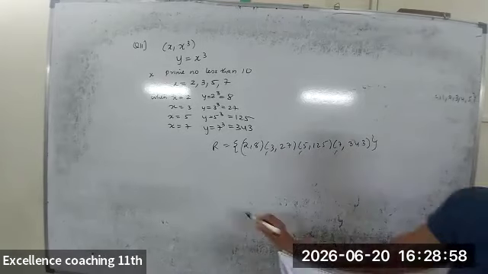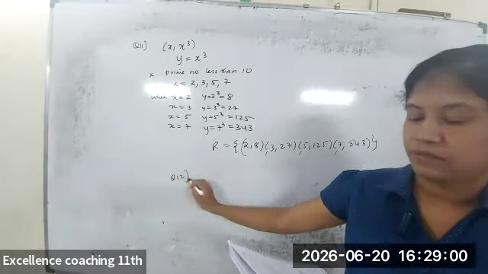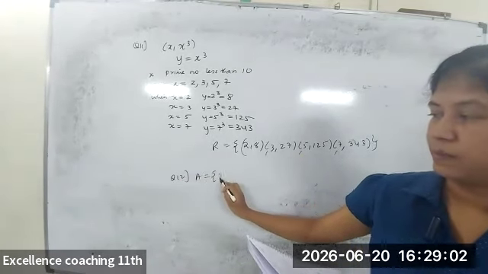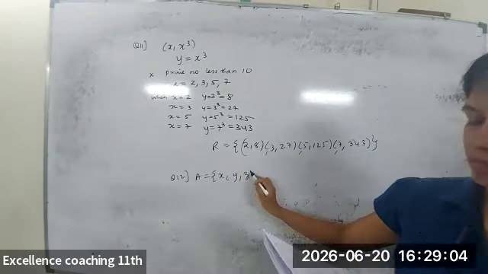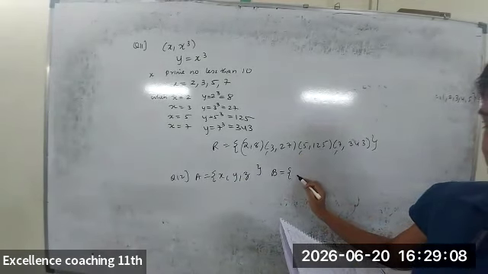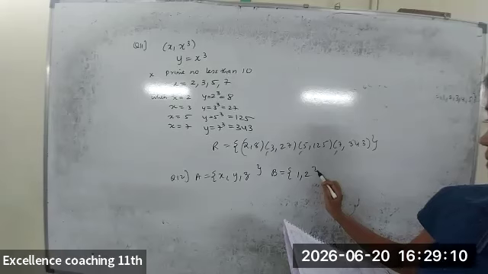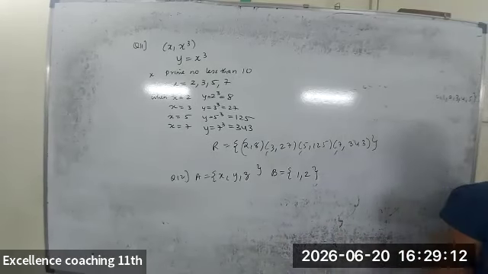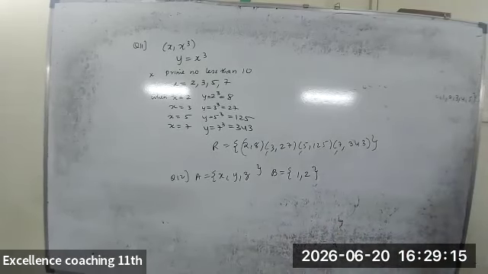The 12th one. Find the number of relations from A to B. How many relations are possible?